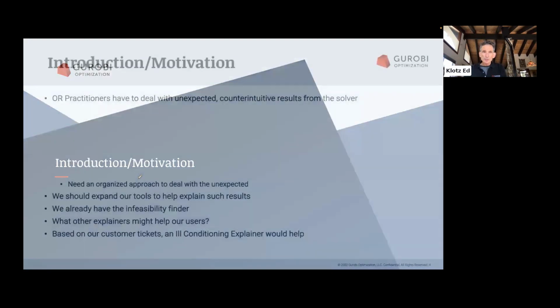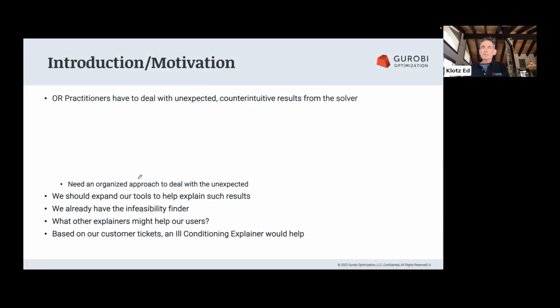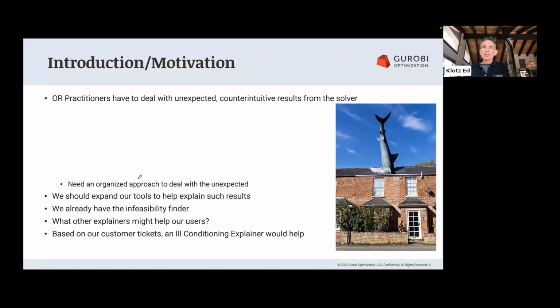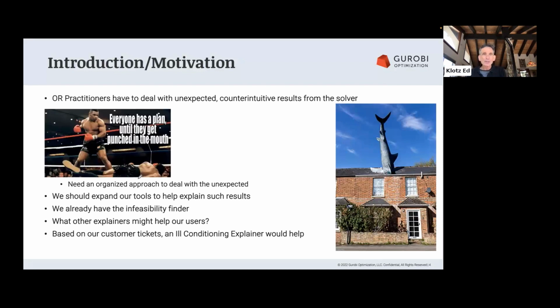So in terms of an introduction, well, if you're building models, you sometimes encounter unexpected or counterintuitive results from the solver. And this can wreak havoc with your plans in terms of your schedules for getting out the application in a timely manner. So an organized approach to deal with the unexpected is very helpful. And we constantly want to expand our tools and knowledge to help explain such results.